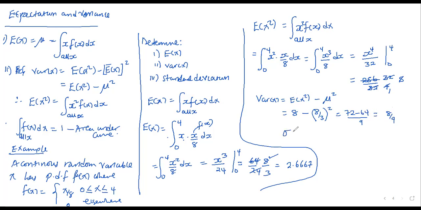Then standard deviation is the root of the variance of x, which is the square root of 8 over 9. And then you get the answer. As long as you've already understood how we integrated earlier, for expectation of x, which is the mean, and expectation of x squared, which guides us on finding the variance, one can easily proceed and get the solution rightly. Unless someone has a question.